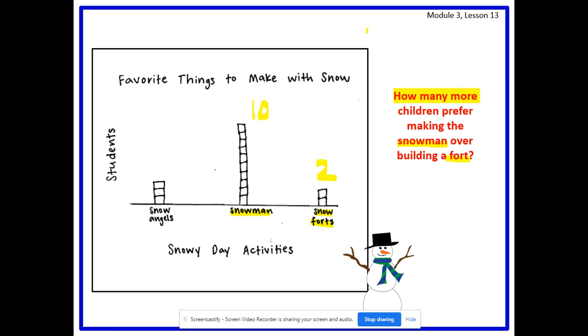So we're going to take away. So we would put 10 minus 2 equals, what is 10 minus 2? Yes, 8. And if we would draw the line right here on the 2, we would know that there's 8 more students that voted for building a snowman. So our answer is 8 students.